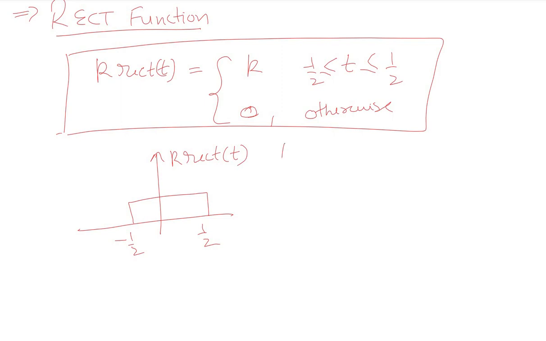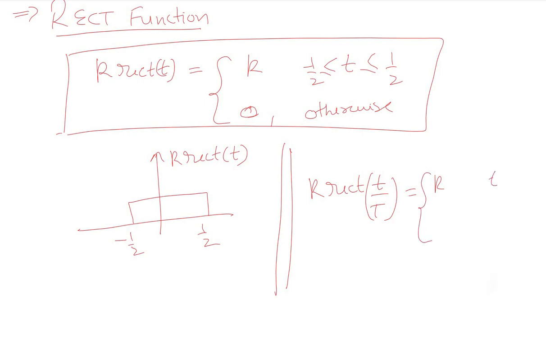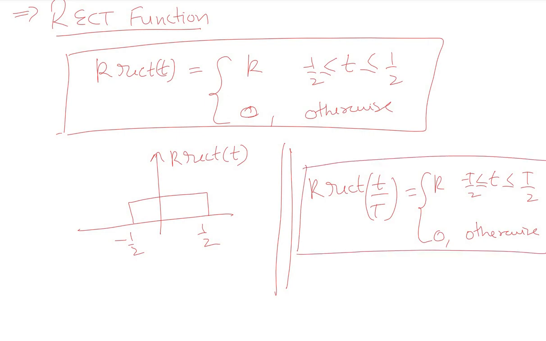So in general, if we want to define the rect function in a more general way, we can say that k times rect of t divided by capital T is equal to k for time spanning from minus T by 2 to T by 2, and 0 otherwise. This is how we can define the rect function in a more general way.